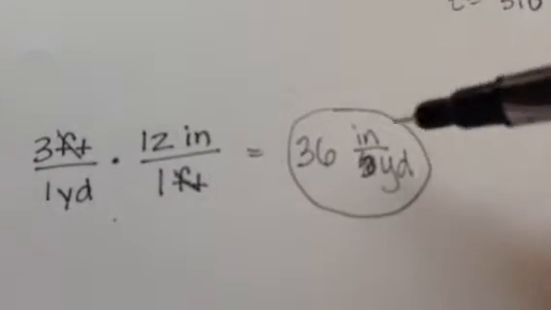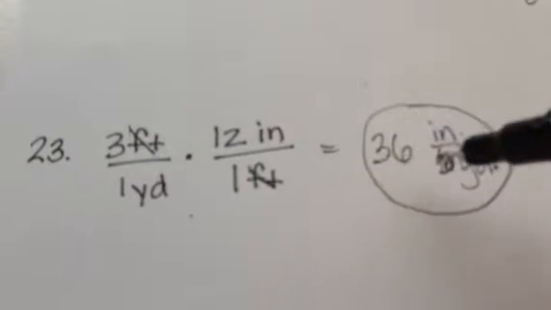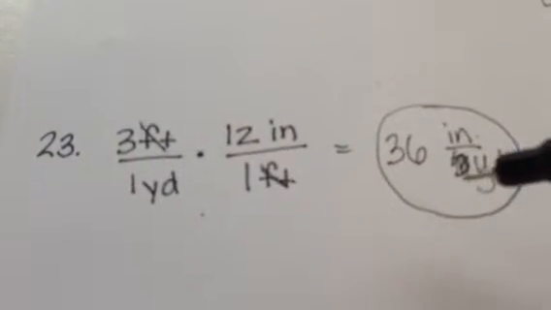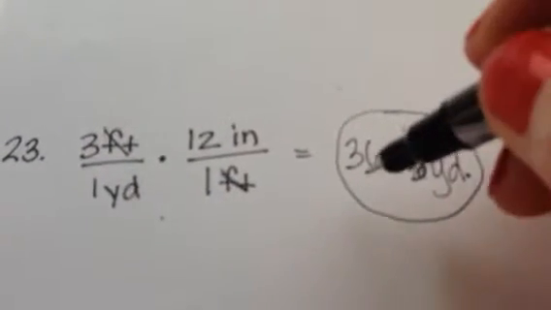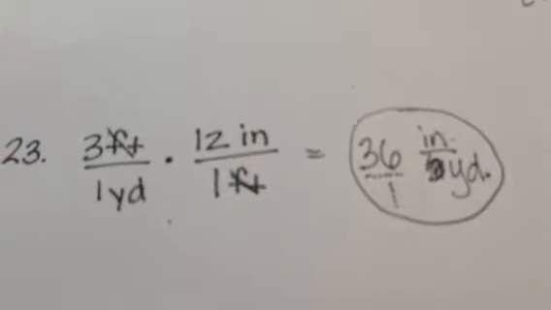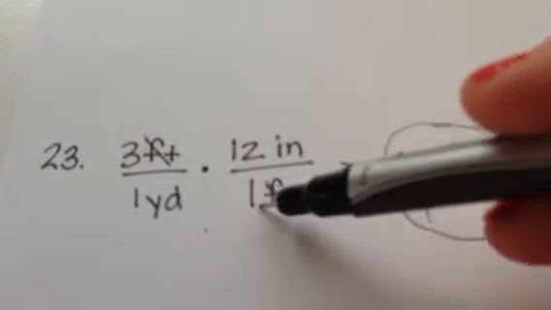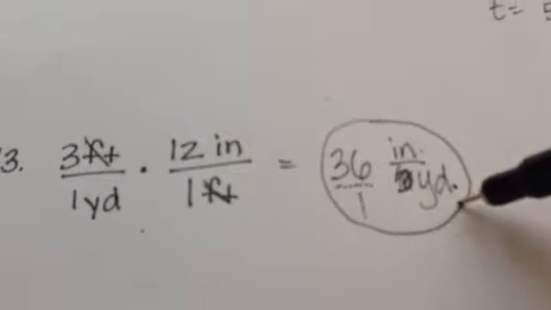I know we have not done that type of multiplication with the labels before, but that's what it's going to turn out to be. If this looks too weird to you, if you wanted to remember that it's really 36 over 1, inches over yards. Does that help a little bit?